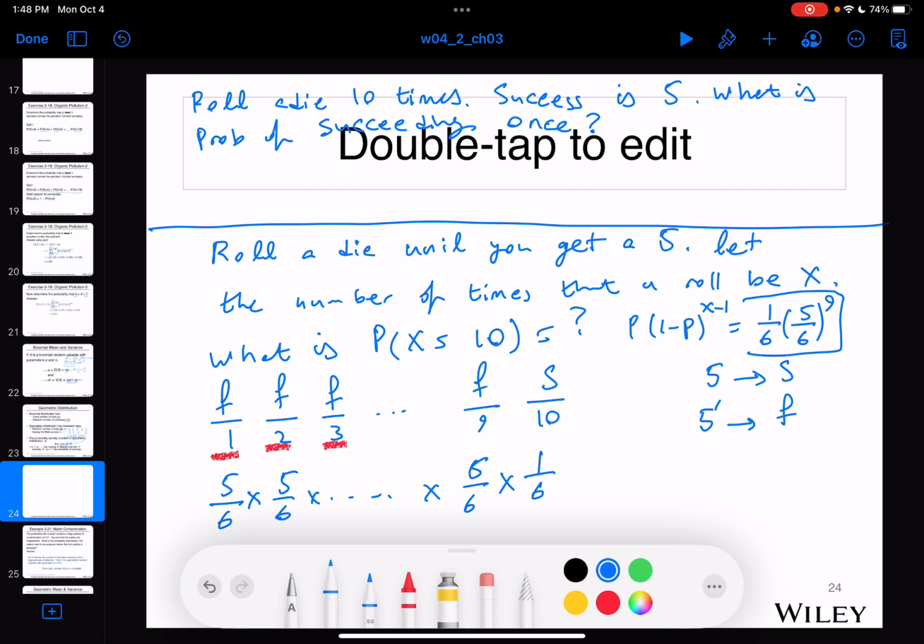Here the new answer is going to be 10 choose 1 times 1 divided by 6 to the power 1 times 5 divided by 6 to the power 9. So this is the answer here, right? And you see they are very different. In fact, this one is 10 times bigger because 10 choose 1 is 10. So the binomial probability is 10 times bigger than the geometric probability.